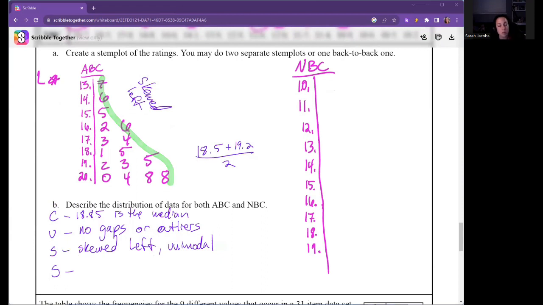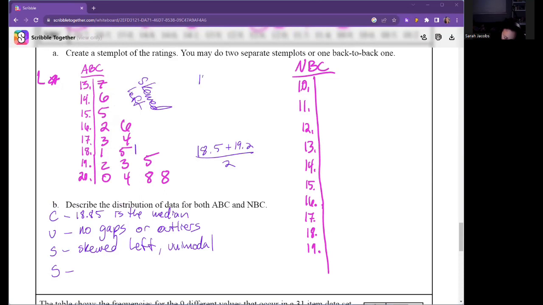And then spread, we're going to be specific and find the IQR. So here is where the median was between this data point and that data point. And so there's 8 on each side. So we'll go 1, 2, 3, 4. So it's going to be between 16.2 and 16.6. 16.2 plus 16.6 divided by 2.